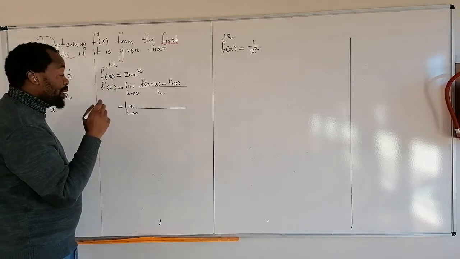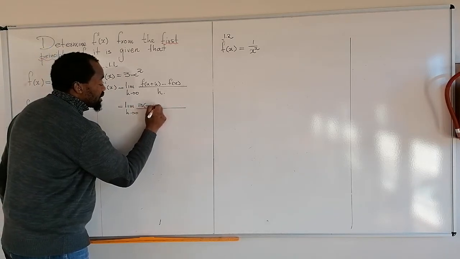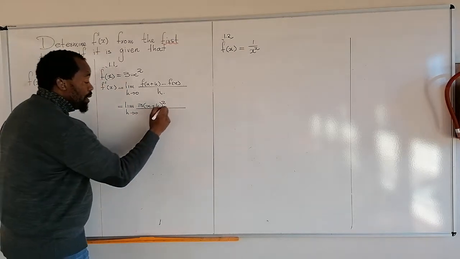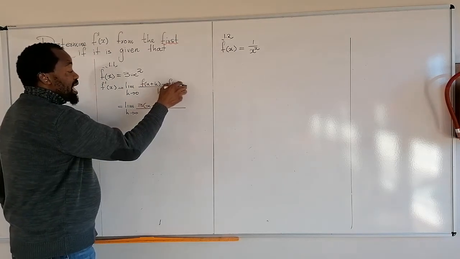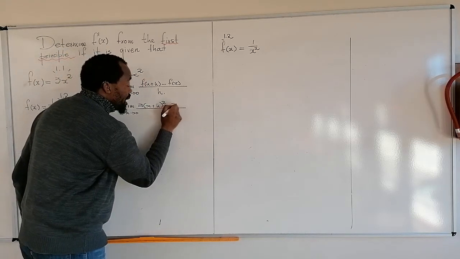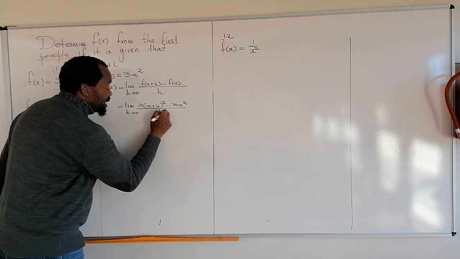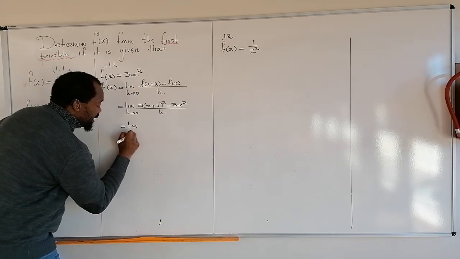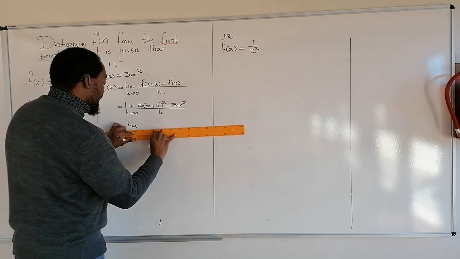That is 3 into x plus h all squared. Minus f of x, which is that one, minus 3x squared divided by h. I am still limiting h because I've got the denominator h there.